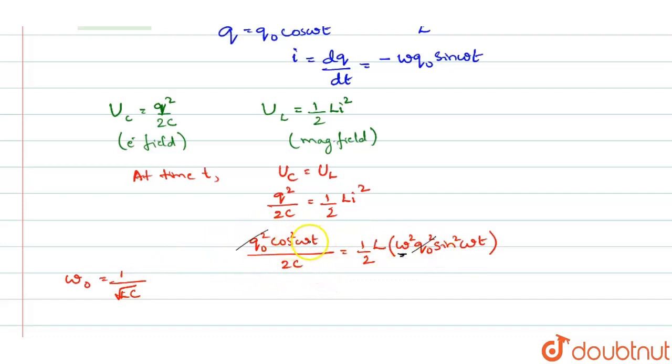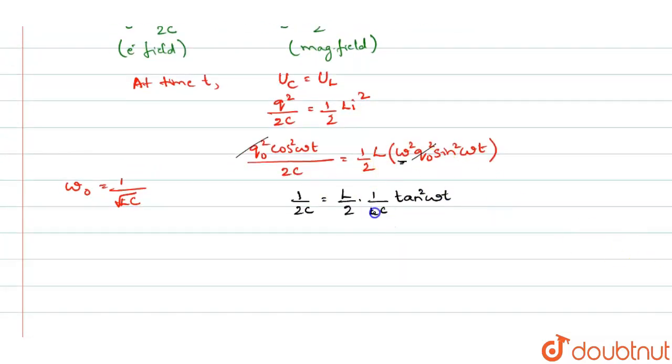So sine square omega t divided by cos square omega t gives tan square omega t, which will be equal to, 1 by 2C is equal to L by 2 into omega square, which is 1 by LC. Now L gets cancelled, 2 gets cancelled, C gets cancelled.